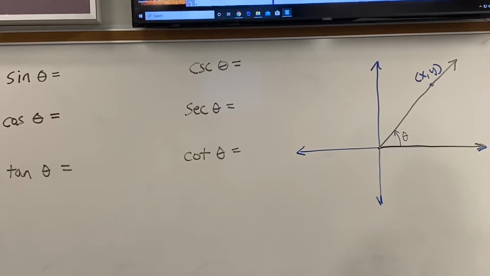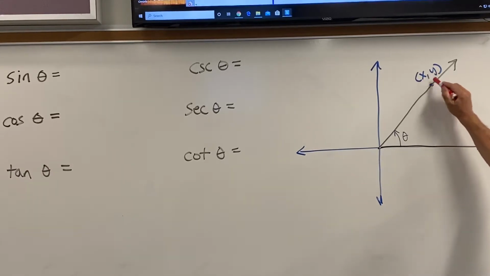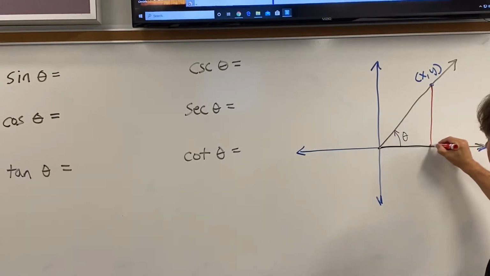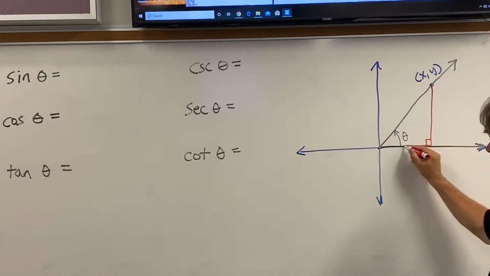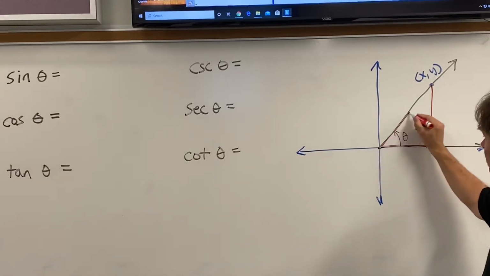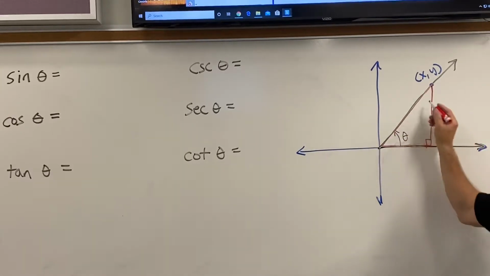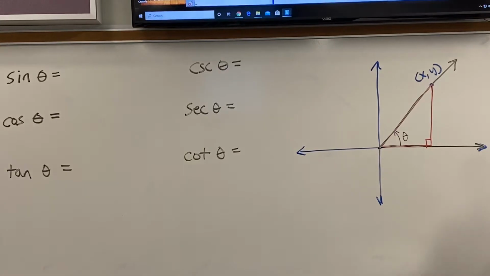Here's what you do. You can drop a perpendicular from your point down to the x-axis. If you do that, drop from your point down to the x-axis, you get a right triangle all the time. And in fact, I'll draw this right triangle in red. That right triangle right there with theta being one of its angles.